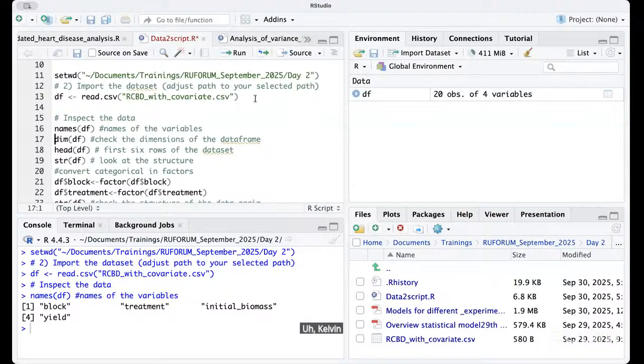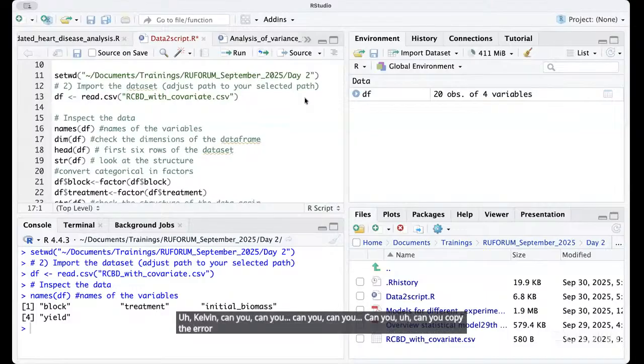Kelvin, can you copy the error that you see and put it in the chat or in the Q&A?